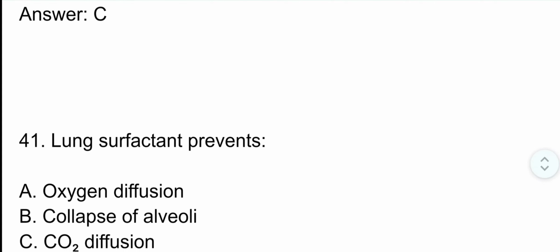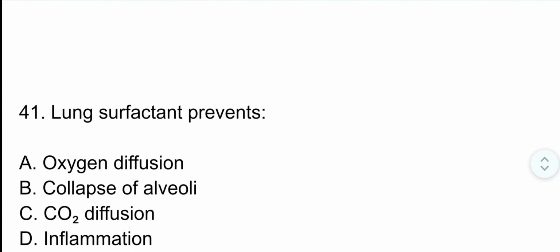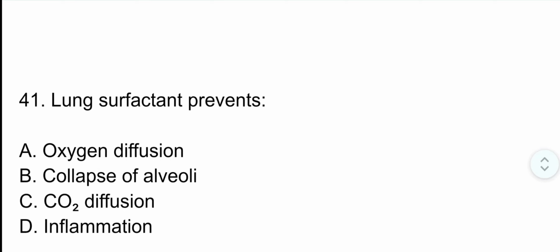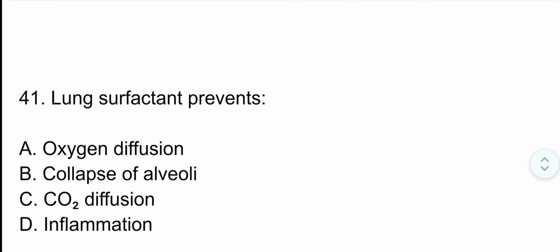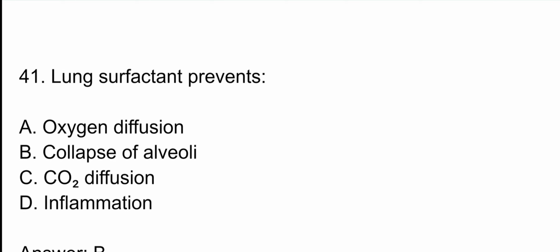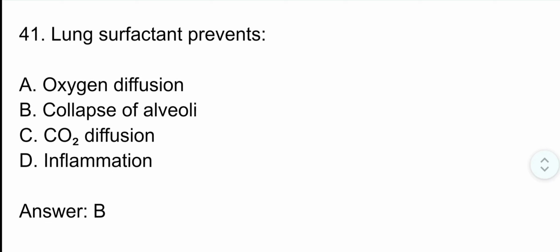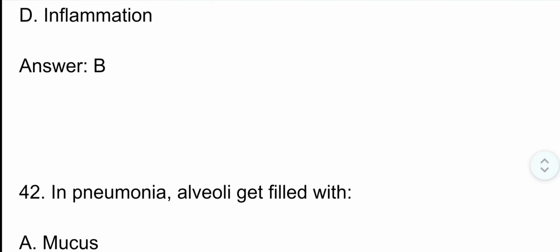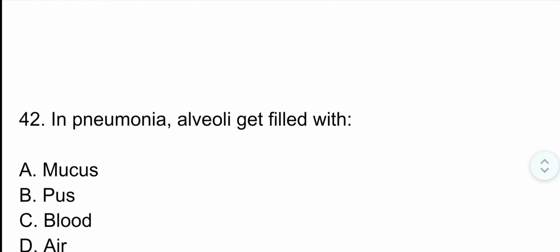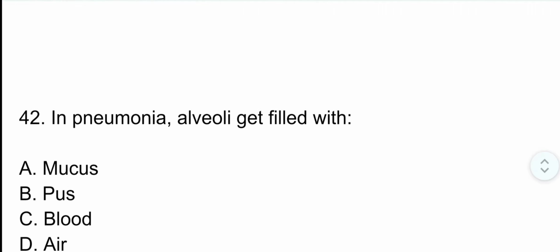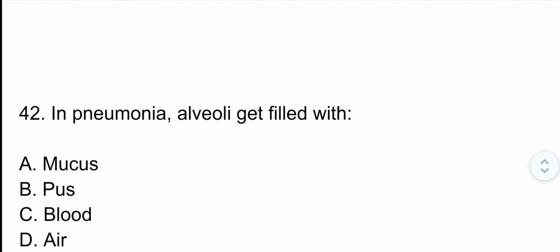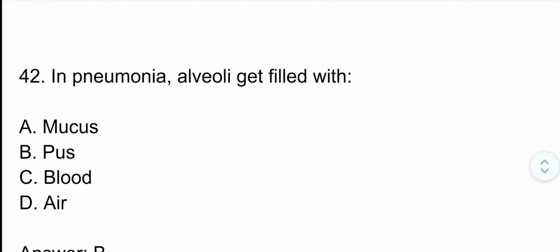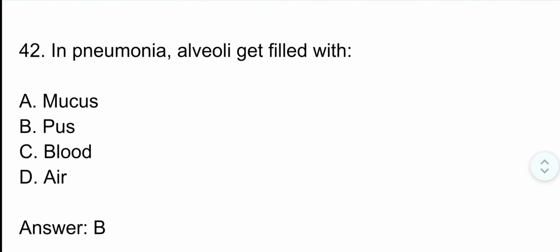Question number 41. Lung surfactant prevents. The correct option is option B, collapse of alveoli. Question number 42. In pneumonia, alveoli get filled with. The correct option is option B, pus.